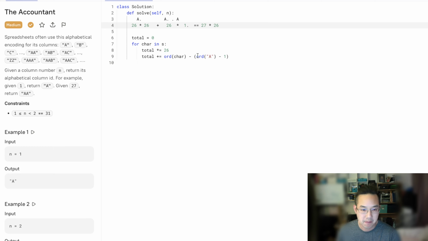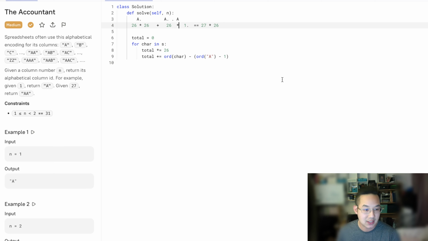So as you can see here, we multiply that 27 by 26 again, and we add 1 again, and we get our total. So every time, we multiply by 26.